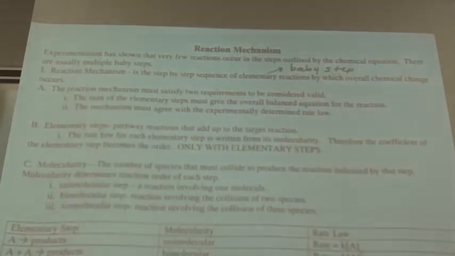Now, a reaction mechanism is somebody's idea of how all those baby steps fit together. So when somebody's thinking, I wonder how we get the reactants to go to the product, I think it goes in this series of steps.